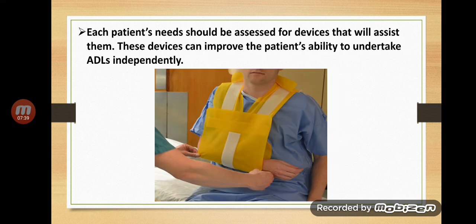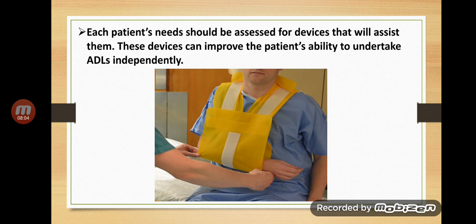Okay, and then each patient's needs should be assessed for devices that will assist them. These devices can improve the patient's ability to undertake activities of daily living independently. That means we have to assess each and every patient's needs, whether we can give any devices or not.